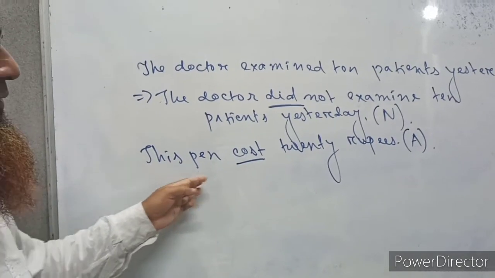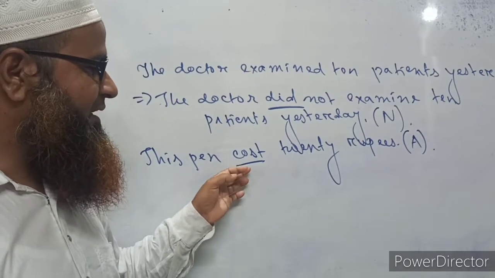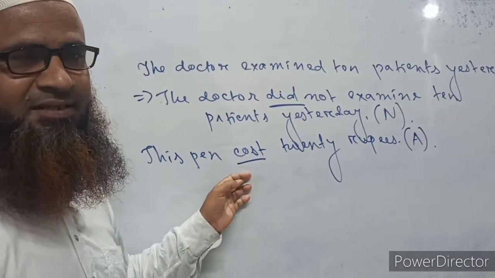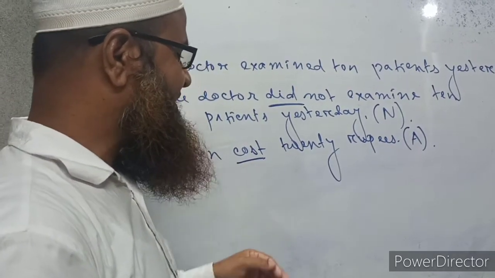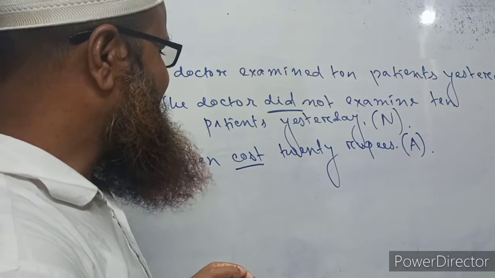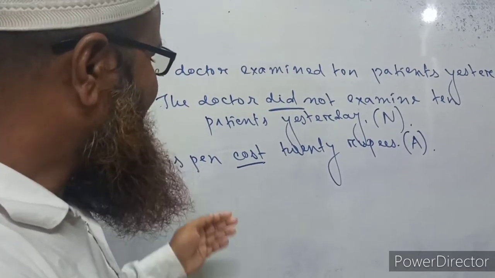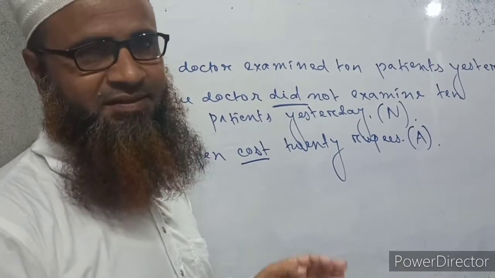Because we know the three forms of the verb cost are the same. Cost is in present tense, cost is in past tense, cost is in past participle tense. All the three forms are the same. So how will we decide in which tense it is?